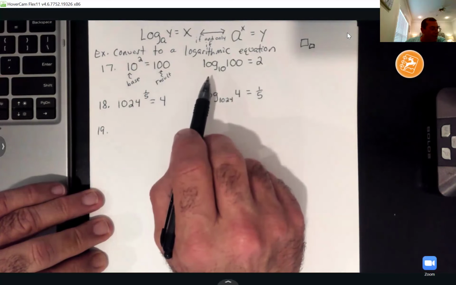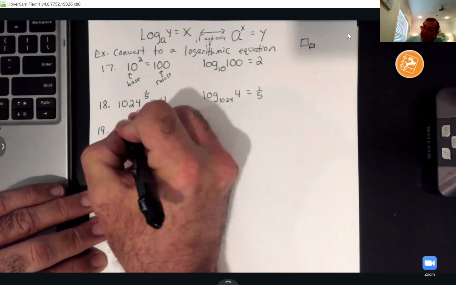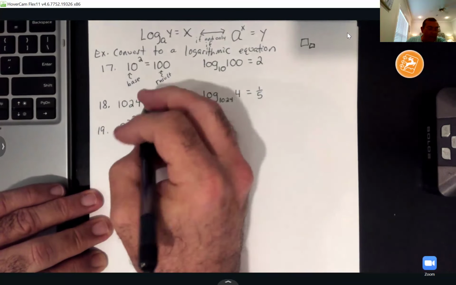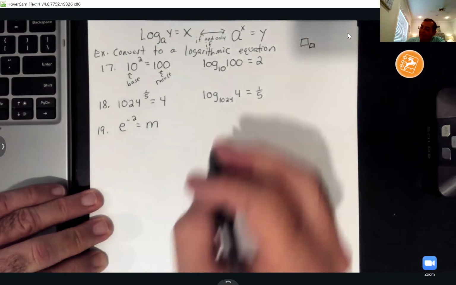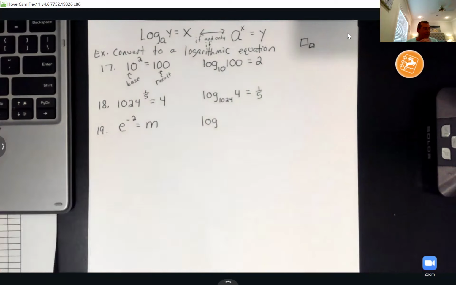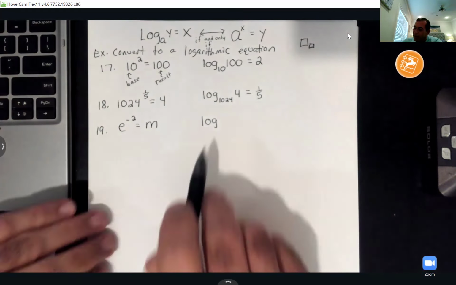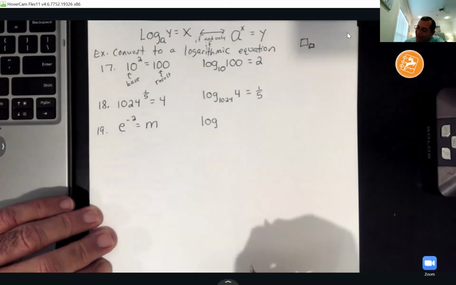All right, let's see what I got here. e to the negative 2 equals M. So here we go. Here's my log. All right, what's the base of the log? e.